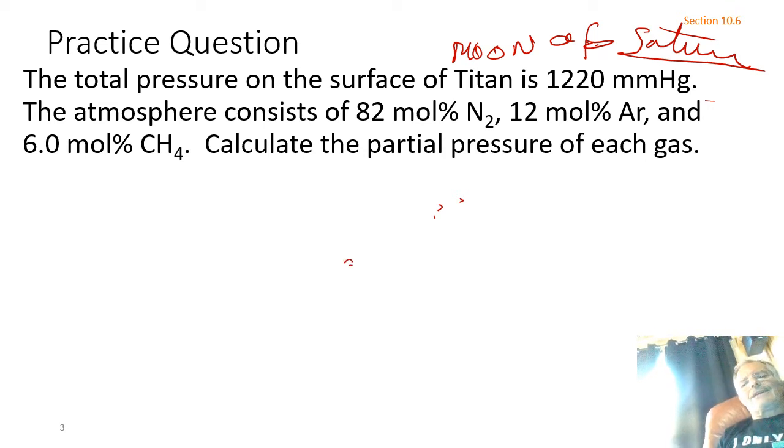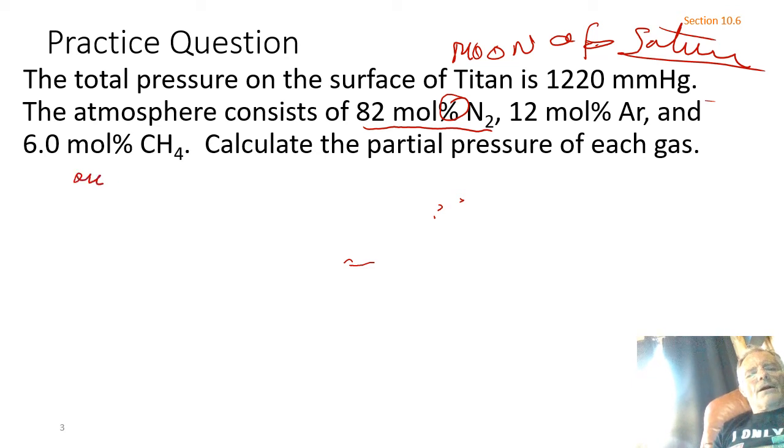The atmosphere consists of 82 mole percent nitrogen, 12 mole percent argon, 6 mole percent methane. So what this means is percent. Percent always means out of, so percent means out of 100.